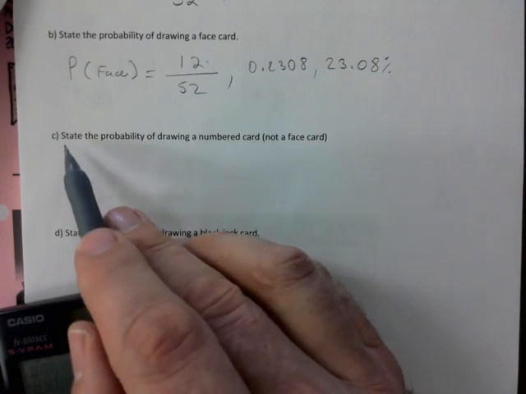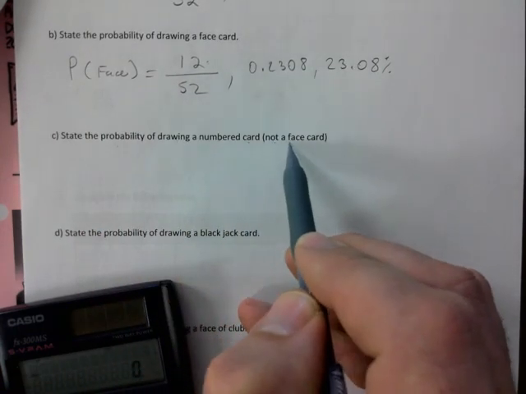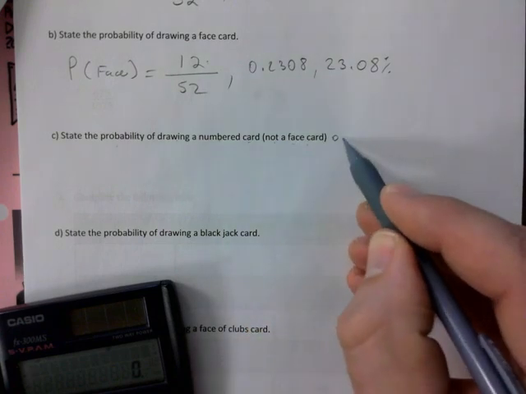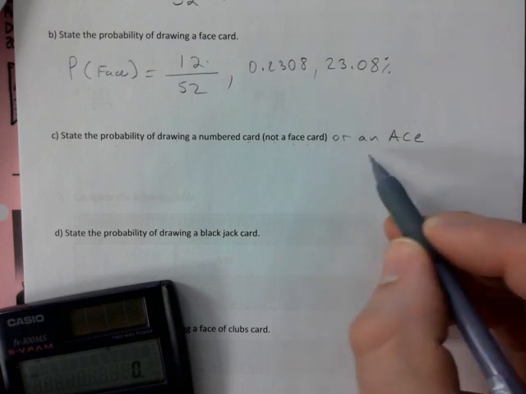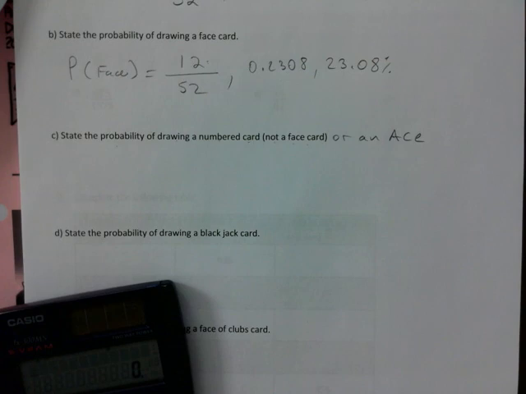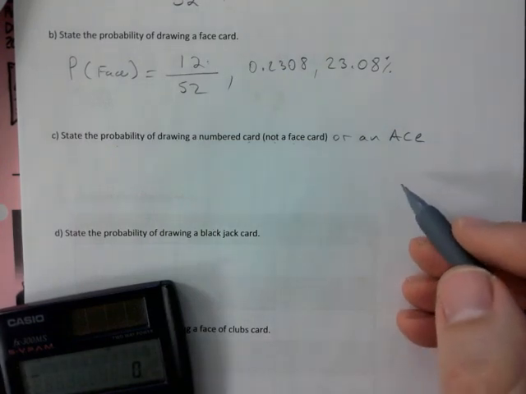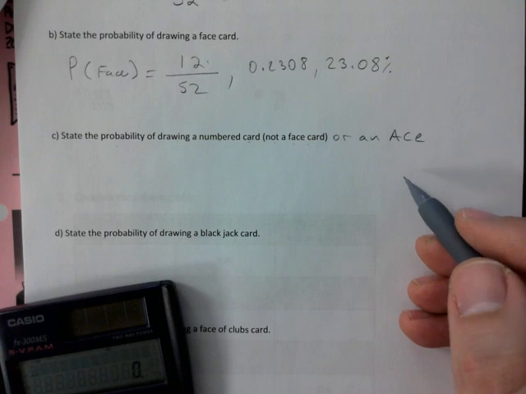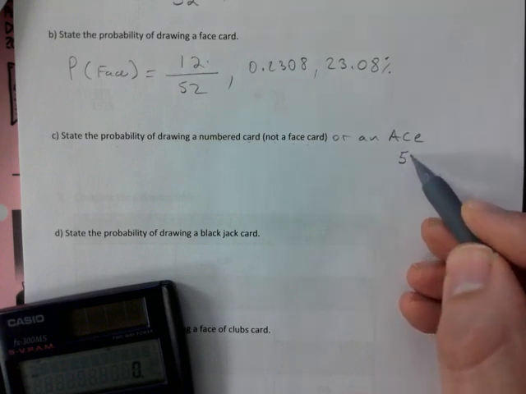One last one. State the probability of drawing a numbered card, not a face card, or an ace card. I forgot to add that. So you don't want the ace, you don't want the faces, right? You just want the numbered cards, like 2, 3, 4, 5, 6, 7, all the way to 10. How would you do that one? Can I show you? I would do this.